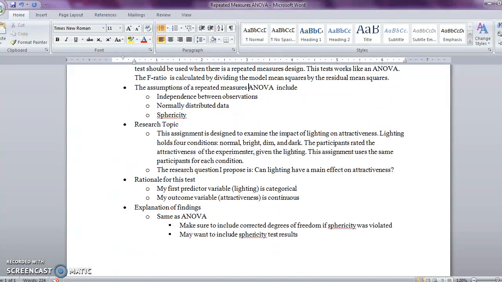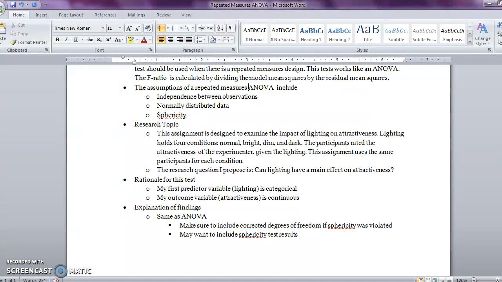For this specific assignment, I've come up with the research topic of lighting and attractiveness. Essentially, I wanted to see if lighting has a potential effect on attractiveness.